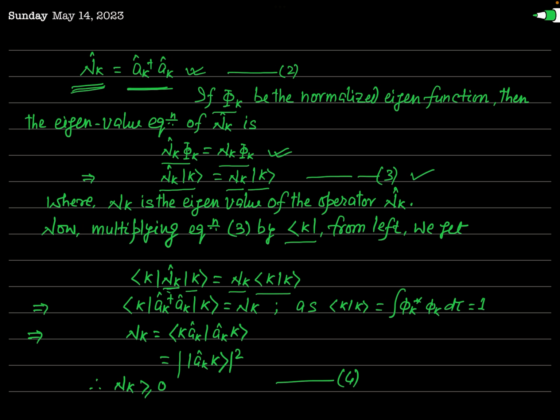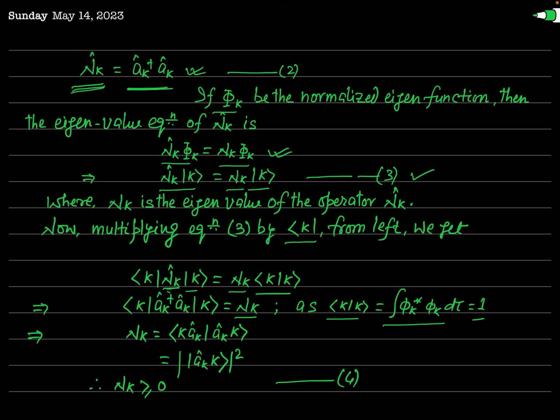And as this k, or you can say this phi k, is a normalized eigenfunction, the scalar product of k with k, which is equivalently written as integral of phi k star phi k d tau, will be equal to 1. So instead of this scalar product of k with k, I have written 1. So in the RHS there is only nk.